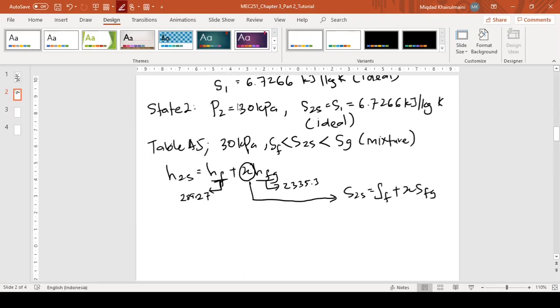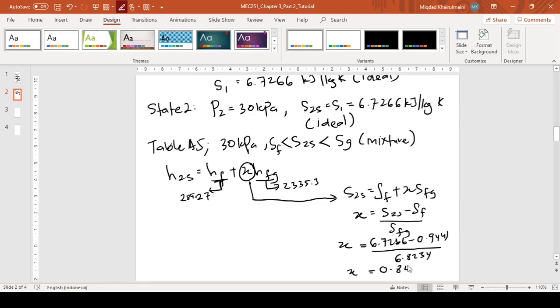Rearranging the equation and substituting the values for sf and s2s: 6 minus 0.9441 over 6.8234.